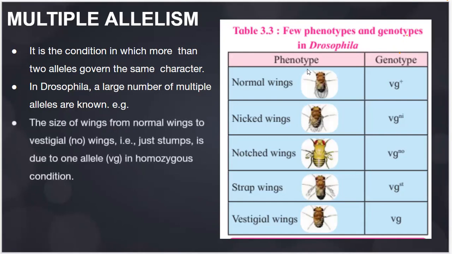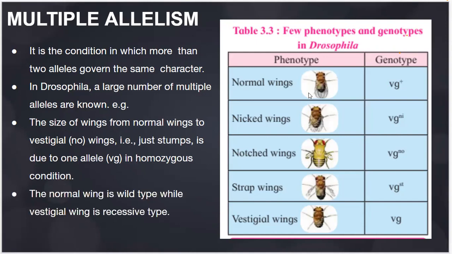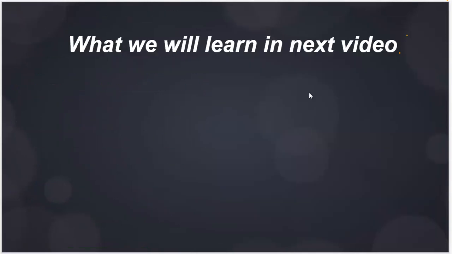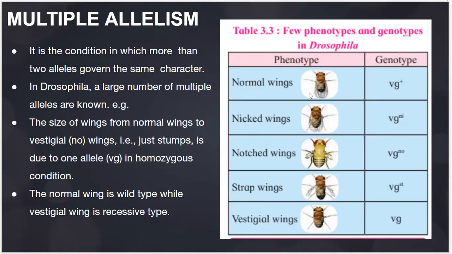Okay, as you can see in the picture, from normal size to vestigial wings. Normal wings, vg plus. If the Drosophila is having notched wings, then vg-ni.